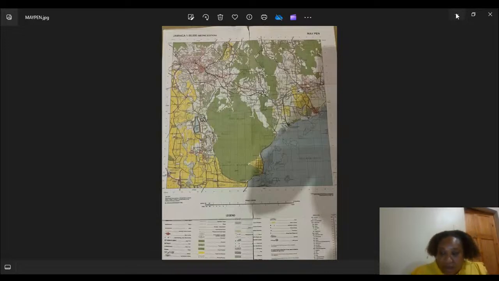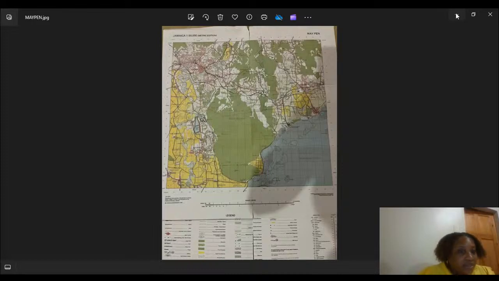They didn't say to identify between natural and cultivated, so you can just describe that. And distribution basically is the location, or where this vegetation is located on the map.